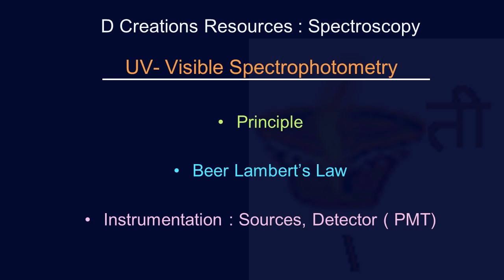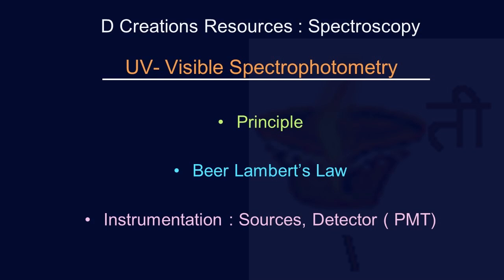So you will have a lamp which is filled with this deuterium gas, and inside this lamp there are going to be two electrodes, cathode and anode. So when an electric current is applied, the gas inside the tube or the lamp is going to be ionized, and that is going to cause emission of light because electrons return to their lower energy states, and this is going to generate a continuous spectrum of ultraviolet light.